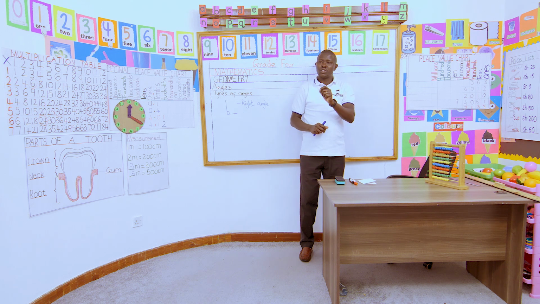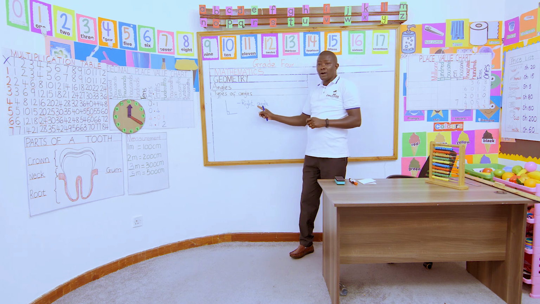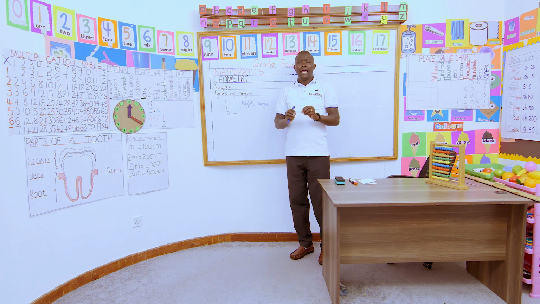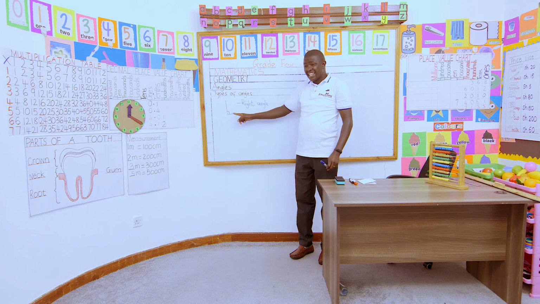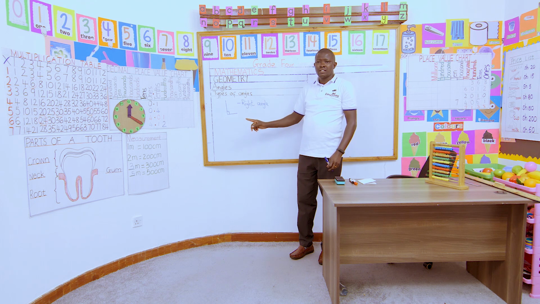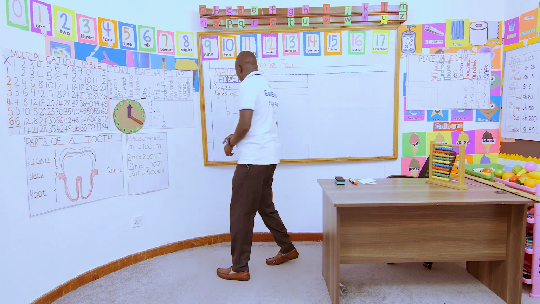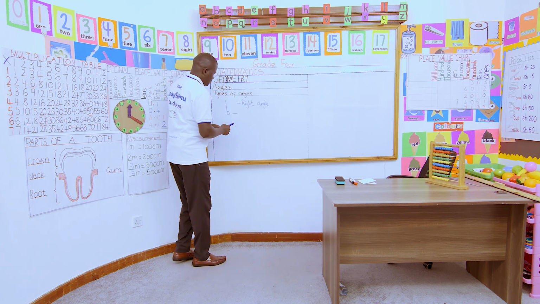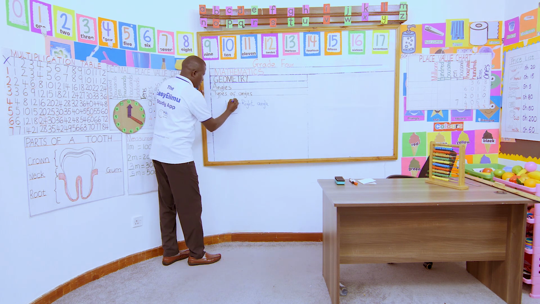Now, number 2. This was type number 1. An angle that is smaller than this, we call it acute angle. Number 1, right angle.